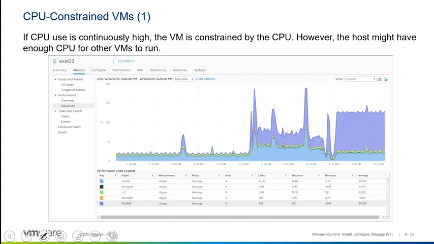Let's have a look at an ESXi host and look at individual VMs, okay? So you'll notice in here that we have a stacked graph per VM. And we're looking at ESXi 03 here. We can see the usage, which is an average percentage, okay?